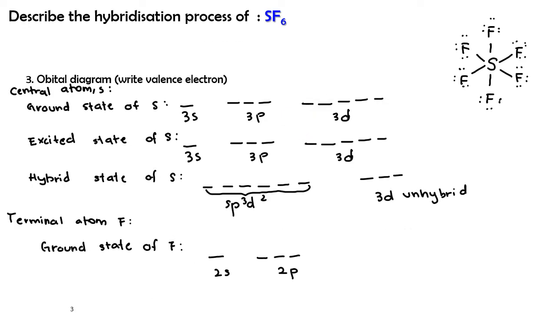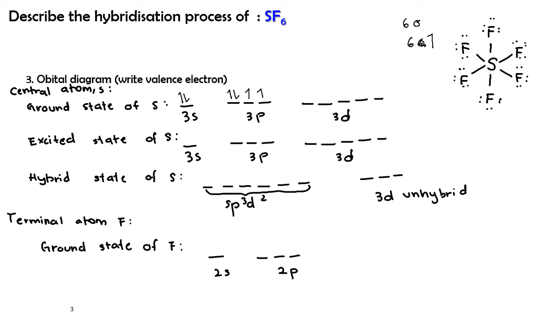For the third step, you need to write the orbital diagram for valence electron for sulfur, the central atom, and you will have 3s2, 3p6, and you can see here from the Lewis structure you will form 6 sigma bond, means here you need to have 6 single electron.